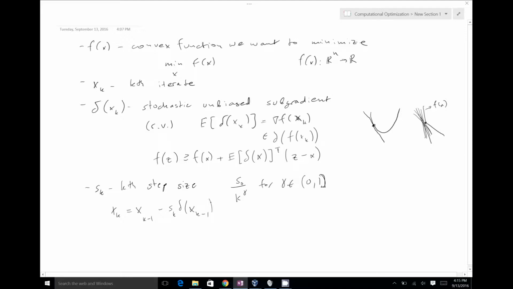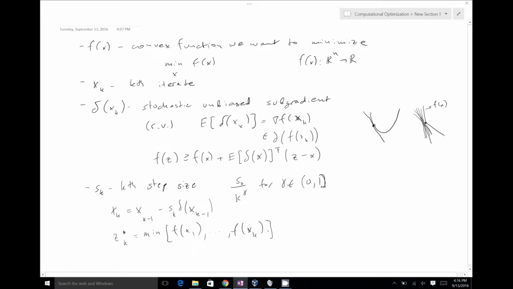One other definition I need is Z star k, which I'm going to call the minimum of f at x_1 up to f at x_k. In other words, the algorithm walked through k points, and Z star k is the smallest function value I've seen so far through this entire randomly walking algorithm.